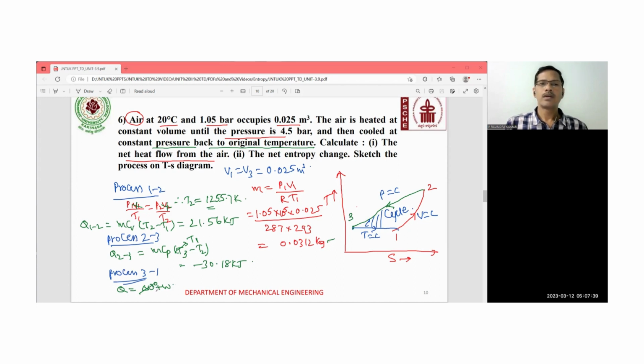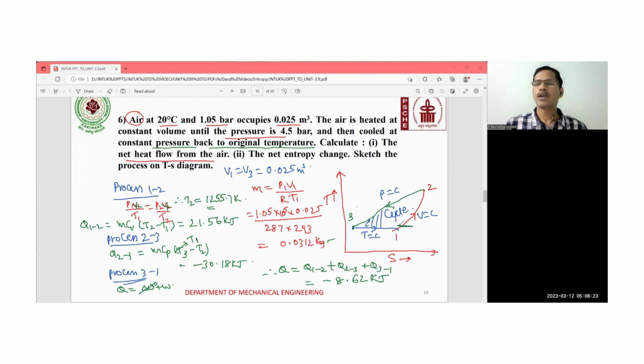So therefore the total heat transfer is Q1 to 2 plus Q2 to 3 plus Q3 to 1. Try to work it out and you will get the answer as minus 8.62 kilojoules.